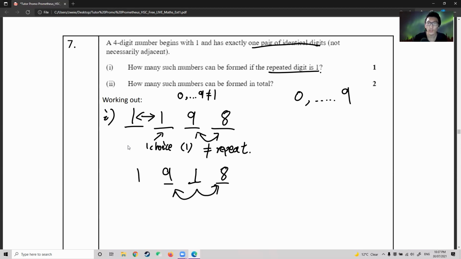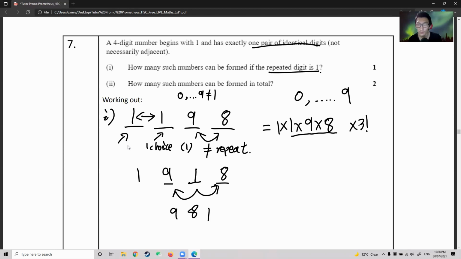So what happens is I'll have my 1 times 9 times 8, because first one is fixed, there's no other choice. If you want, you can do 1 times 1 times 9 times 8, using the slot method. And then for the last 3 digits, I'll have a combination of 3 factorial, because the 3 of them can be in different positions, as in 918, I can have 981.